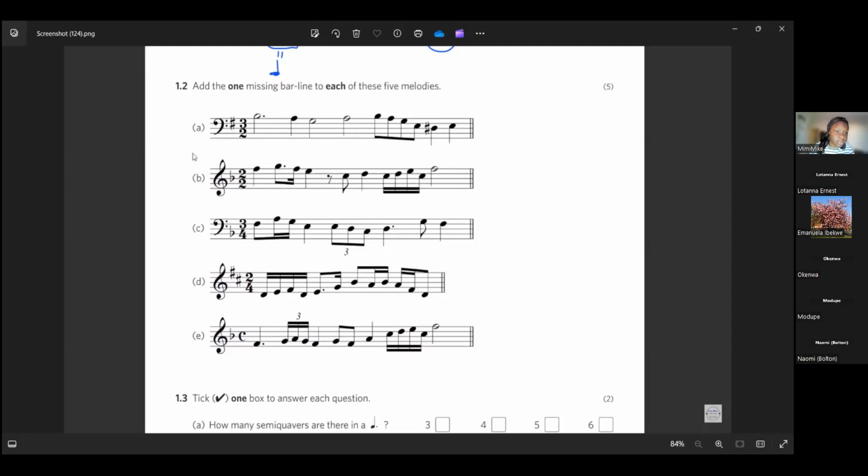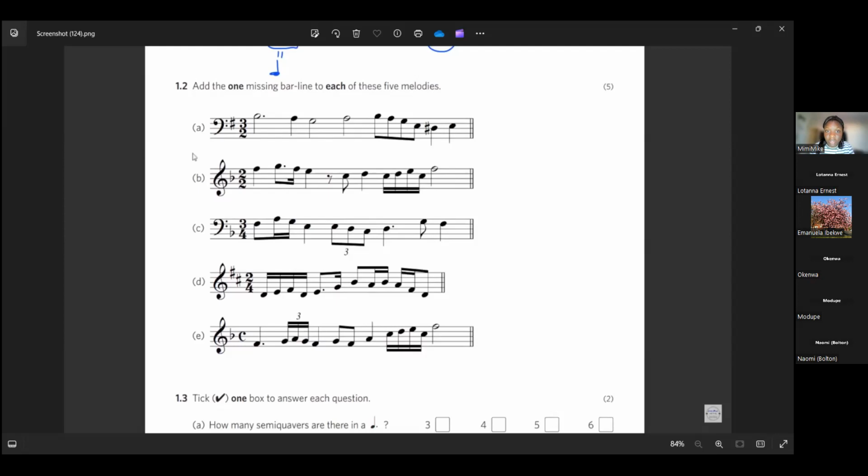Okay, so I'm just trying to do the correction, everyone, because of our time. It says 3 minims in a bar. If we place our bar line after the third notes, do we have a complete bar for the second one?